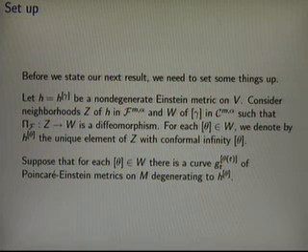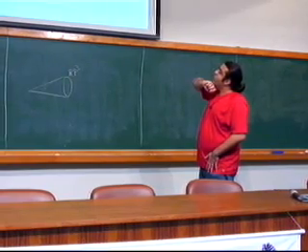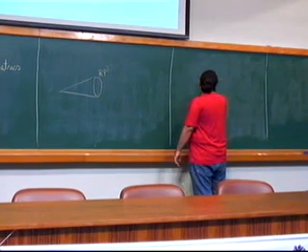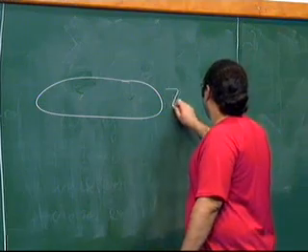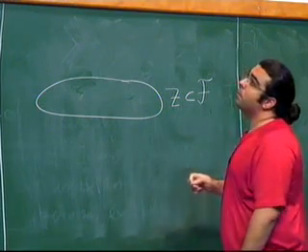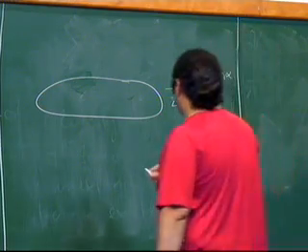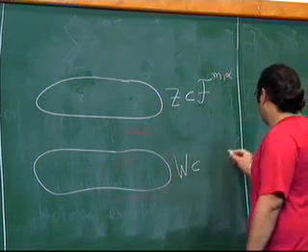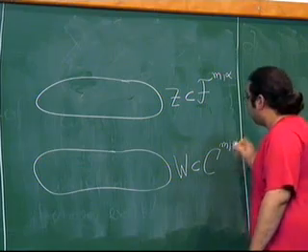So let me do some setup here. I'm going to take an orbifold metric H, and gamma is the conformal infinity of H. I have this neighborhood Z inside the set of conformally compact Einstein metrics, and I have this neighborhood W inside the set of conformal infinities, C^{m,alpha}.